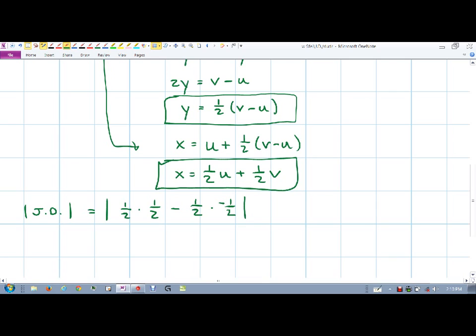And so we get 1/4 plus 1/4, which is 1/2. So we're scaling everything by 1/2.